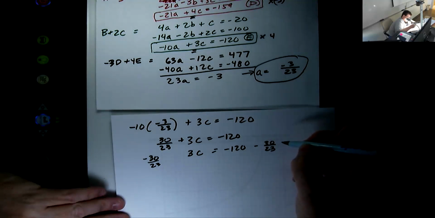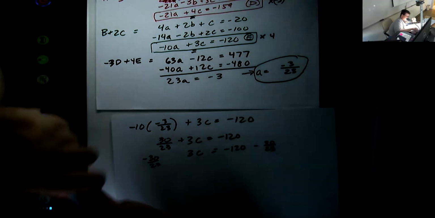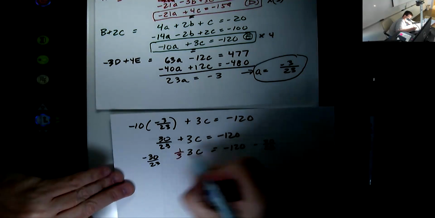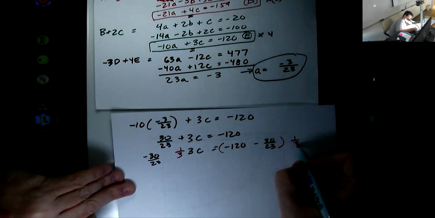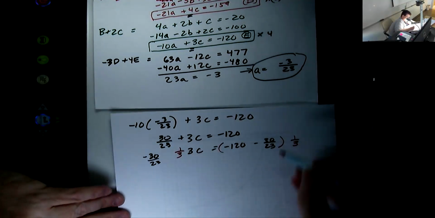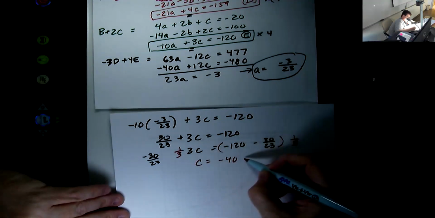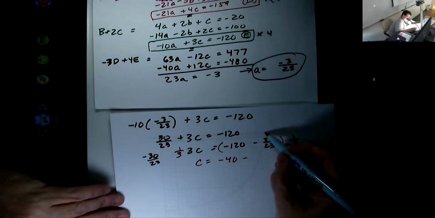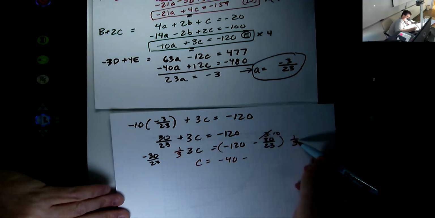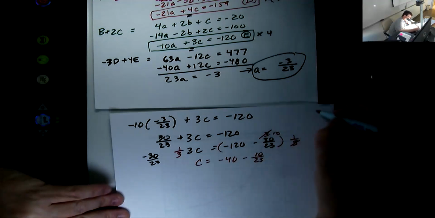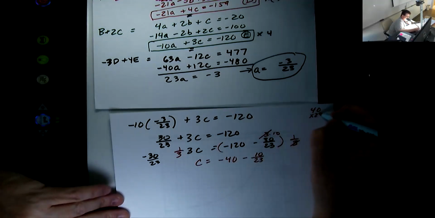And now I'm going to multiply everything by 1/3. I'm gonna need to combine fractions there, but I think getting these numbers a little bit smaller first will make this easier. C equals -40 minus 30 is 3 times 10. So the 3's cancel and I have 10 over 23. See, I need to get a common denominator.